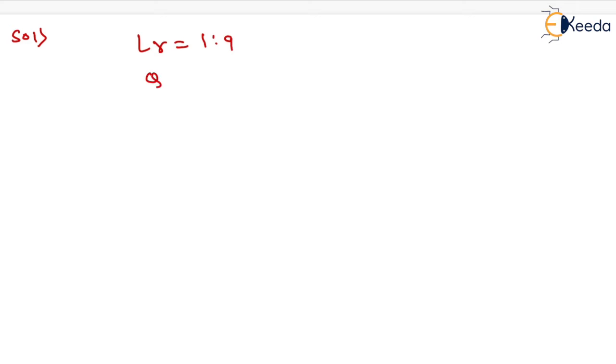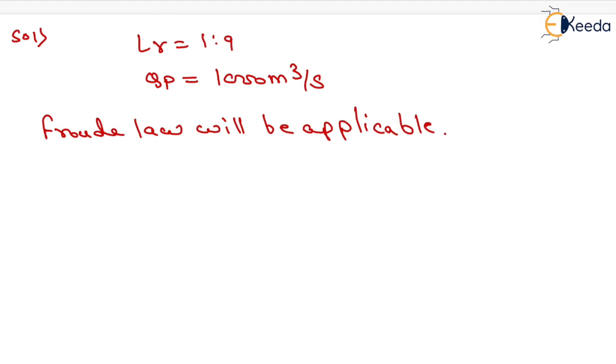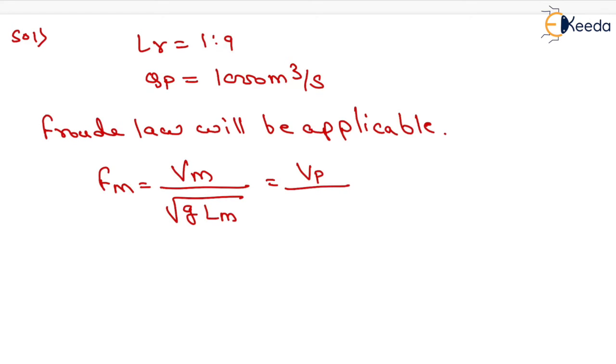well as the discharge, which is also given, that is 1000 meter cube per second. Now in the case of a spillway model, gravity forces are predominant, therefore Froude law will be applicable. Therefore Fm will be equal to Vm upon under root of g into Lm, that is velocity of model upon under root of g into length of model, which will be equal to velocity of prototype upon under root of g into length of prototype, equal to Fp.